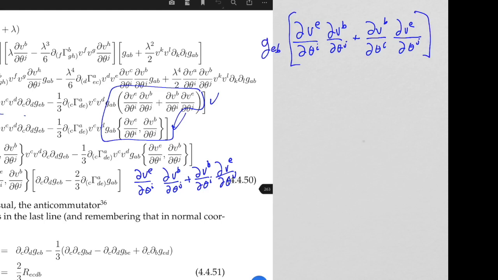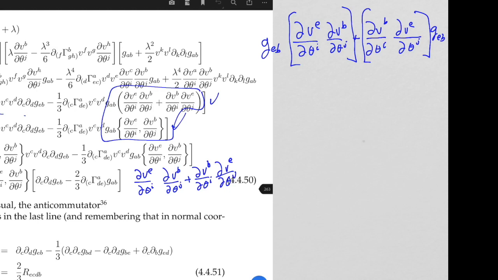So imagine we just had any symmetric object here. In this case, it's the metric, or even the second partial of the metric. But E and B, it's always going to be symmetric over EB. So if you look at this expression summed over E and B, I now have dummy indices, right? This is now the classic dummy index formula. I just take this term here and I change the dummy indices to, well, I guess I split it up. So I have that, and then this is going to be multiplied by GEB.